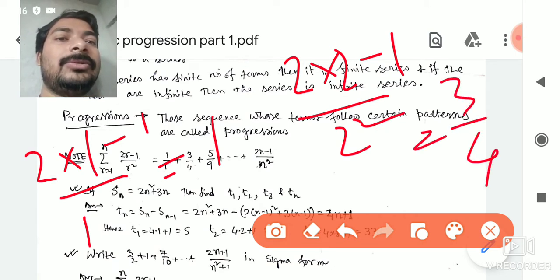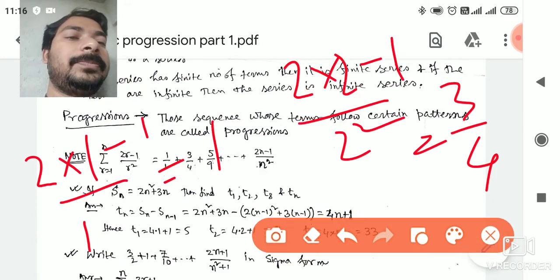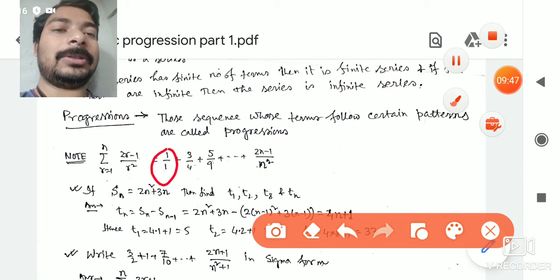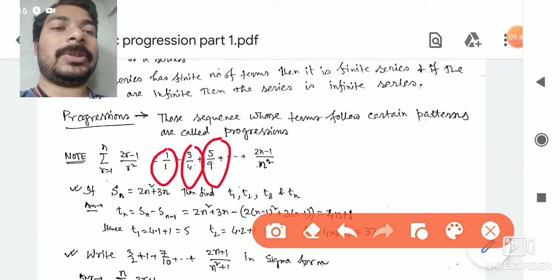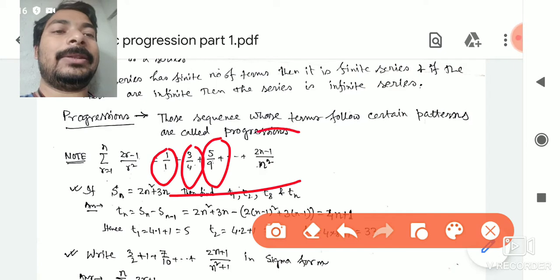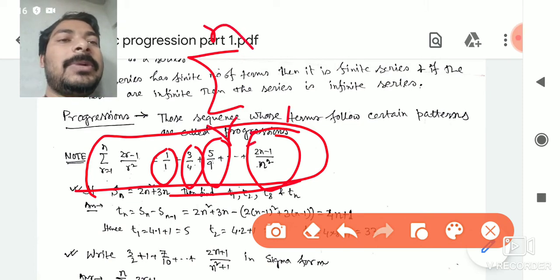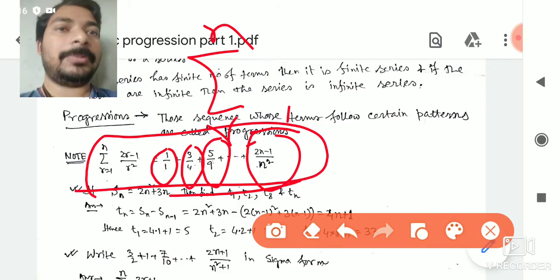The third term is 2 into 3 minus 1 by 3 square, that is 5 by 9, and so on. So if we add these terms, the first term 1, second term 3 by 4, third term 5 by 9, up to the nth term, 2n minus 1 by n square, then it is the summation, that is sigma of r equal to 1 to n. Sigma r equal to 1 to n means sum up to n terms.